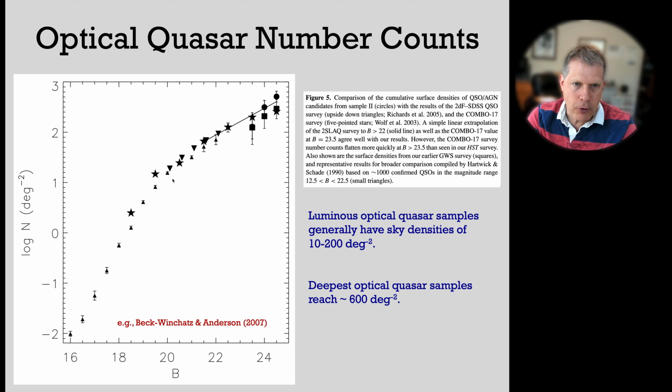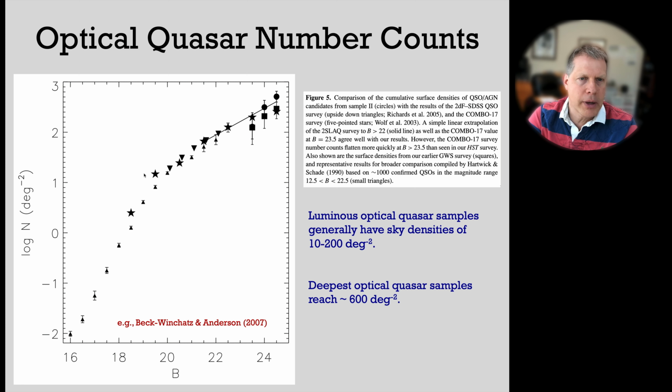Obviously, as you go to fainter flux limits, you get larger numbers of quasars being measured. And, to give you some context, the current luminous optical quasar samples generally have sky densities between about 10 and 200 per square degree.